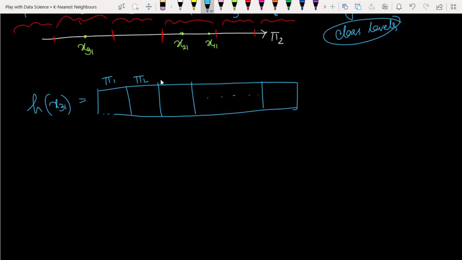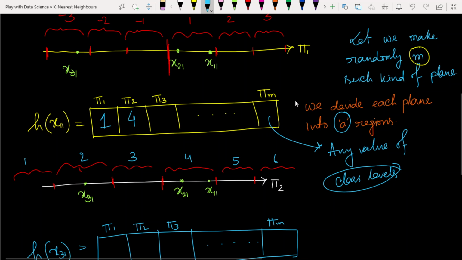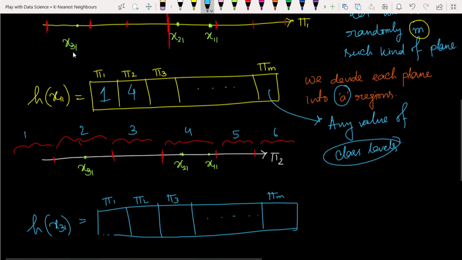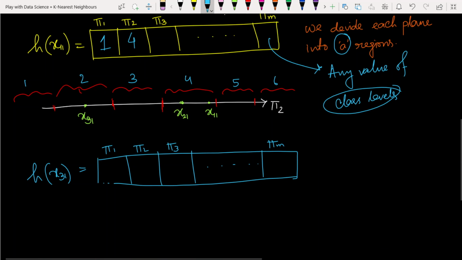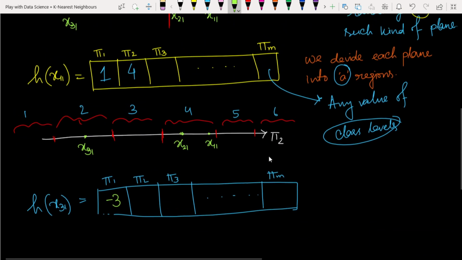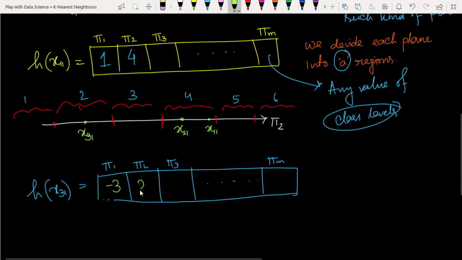Pi1, pi2, pi3. So in pi1 plane, just see this -3. This will be -3. In pi2 plane, x13 is lying on 2. So similarly, we can construct the hash value.